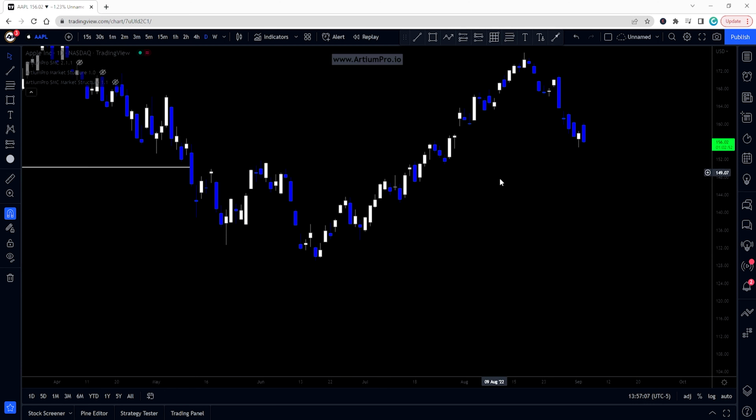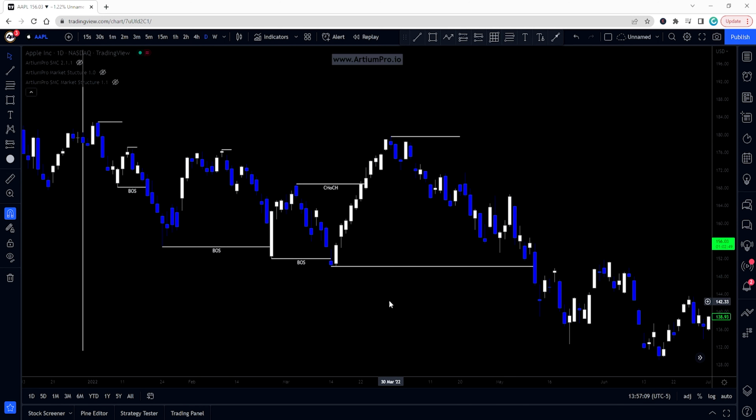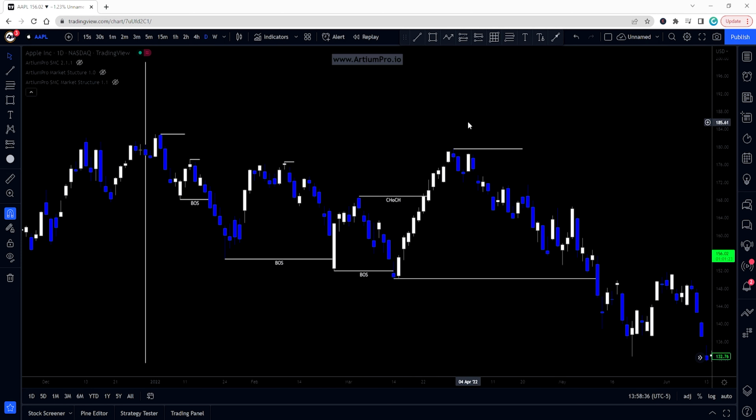This change of character did just that because we continued bearish from here. It comes back up and sweeps these two previous highs, which could be classed as a double top, even a triple top. It sweeps the liquidity above here and goes back down.